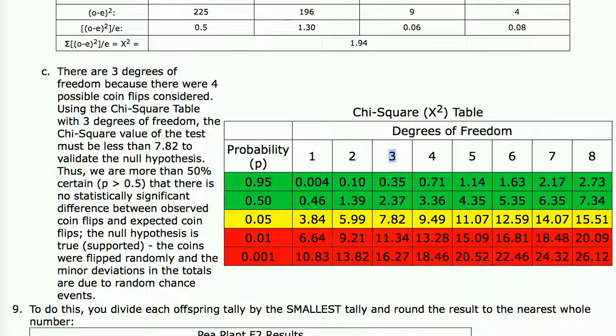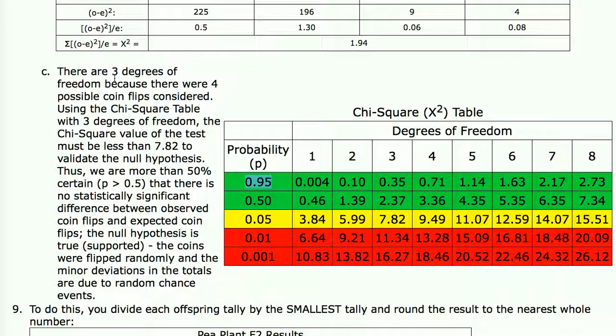The number 1.94 falls between 0.35 and 2.37. What that means is that you are between 50% certain and 95% certain that those coins were flipped according to chance events. And our conclusion is that the null hypothesis was supported. There was no statistically significant difference between observed and expected value.